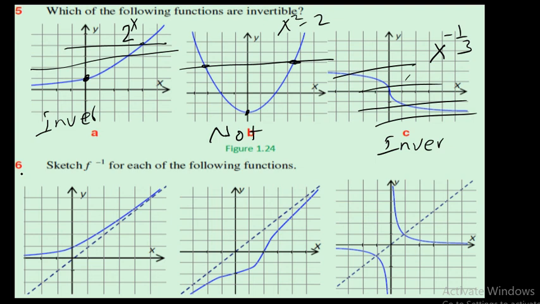Okay, question number 6 says sketch the inverse. If you remember, let's get back and revise some ideas. In the case of an inverse relation, we have seen R and R inverse.